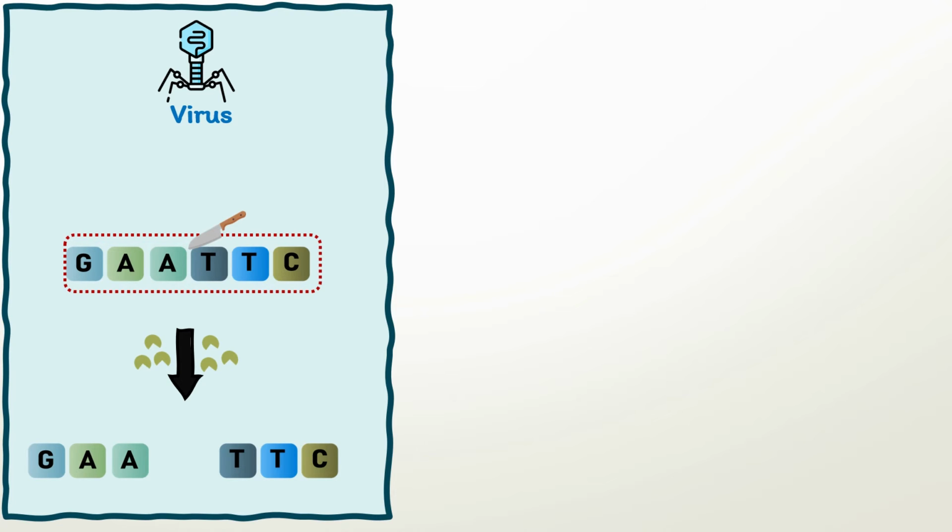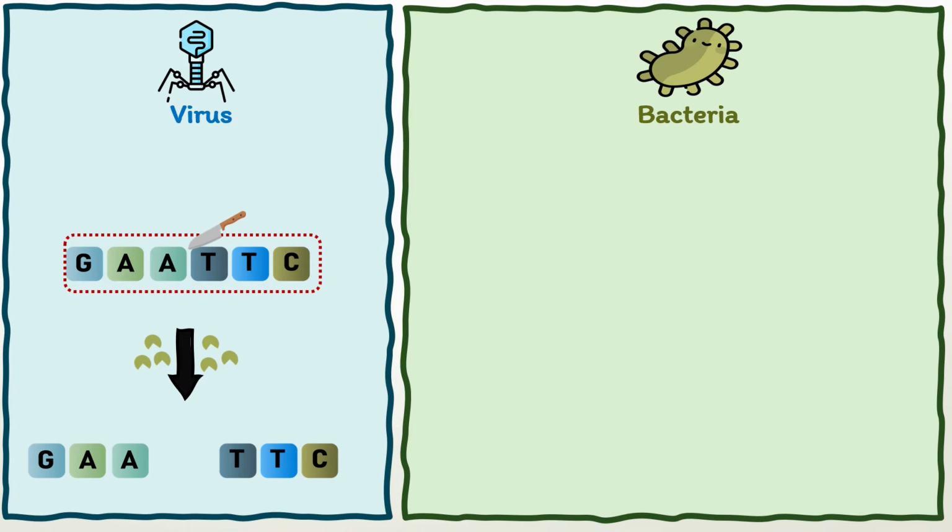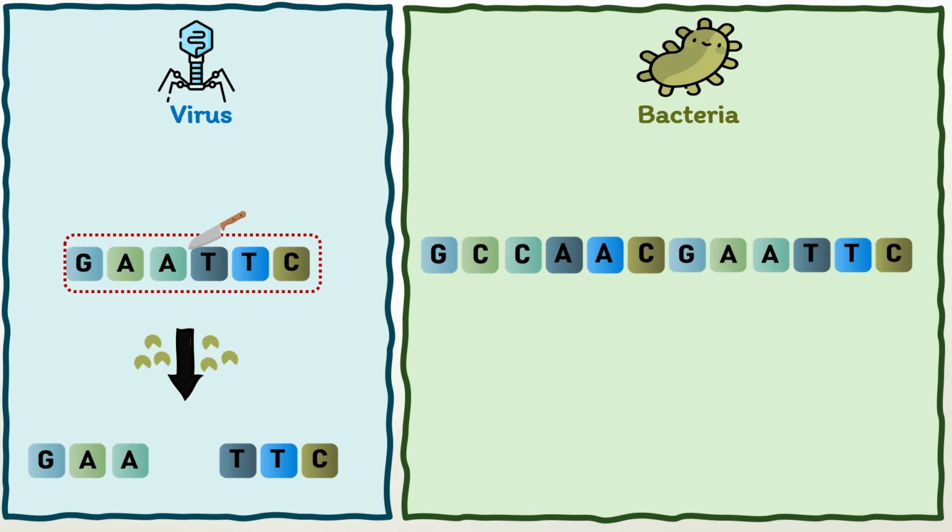But wait, there is a twist. This restriction enzyme can also cleave the DNA of bacteria, as the genetic sequence of bacteria is much more vast than that of the virus. So, the sequence cleaved by the restriction enzyme on the viral genome can resemble a sequence in the DNA of bacteria.